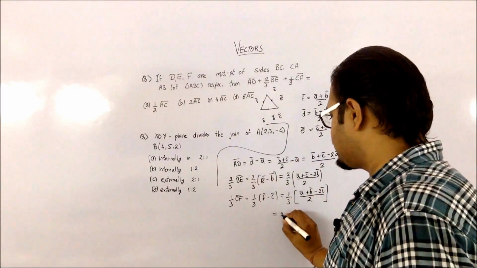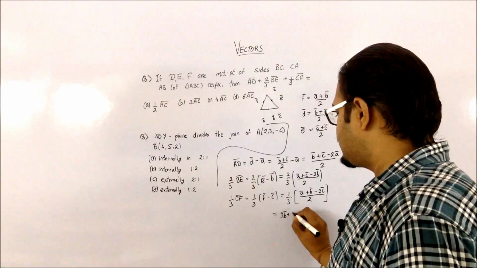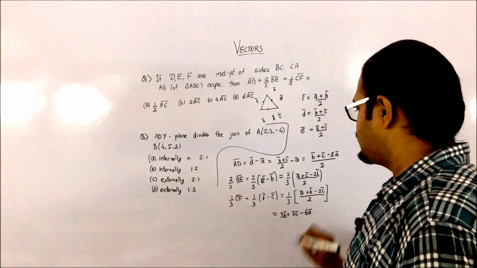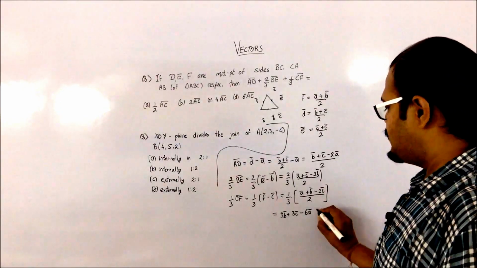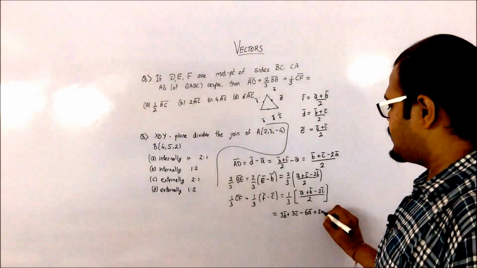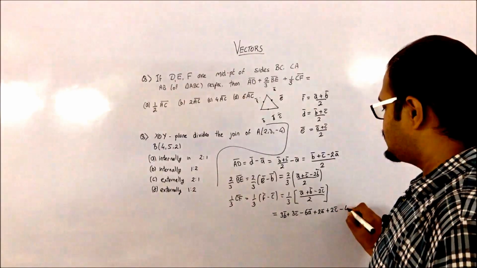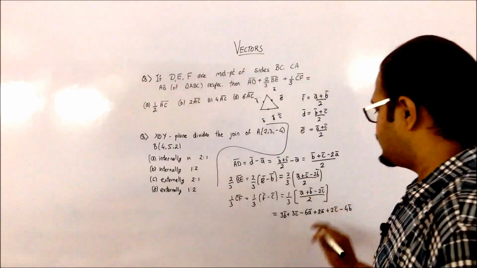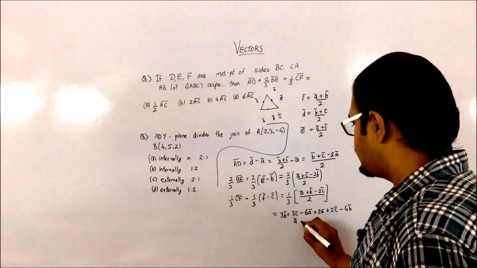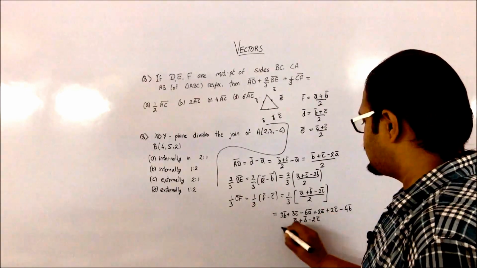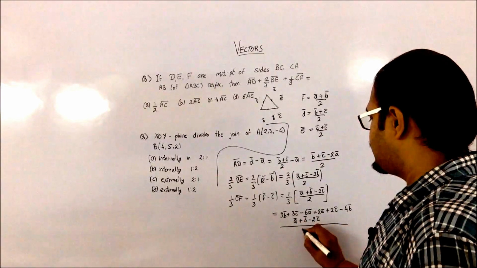So I will get 3B bar plus 3C bar minus 6A bar, then plus 2A bar plus 2C bar minus 4B bar, and this will be A bar plus B bar minus 2C bar, the whole thing divided by 6.